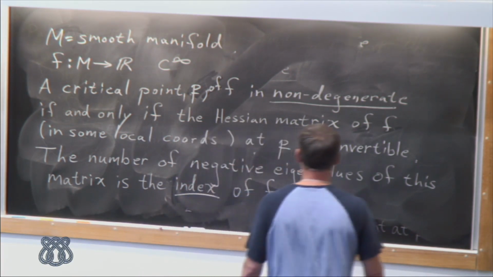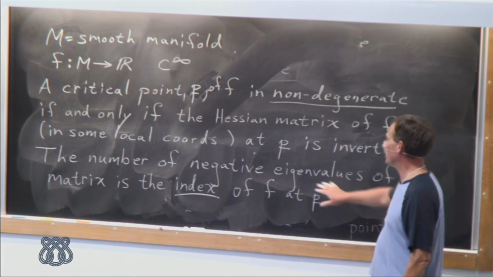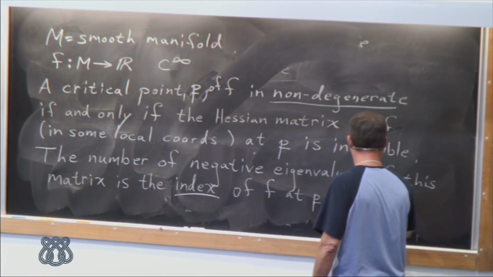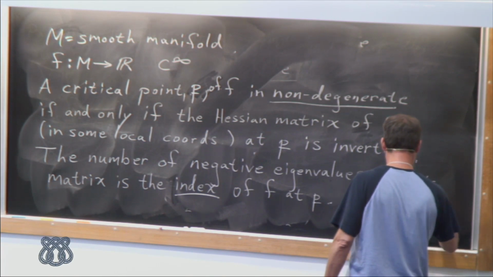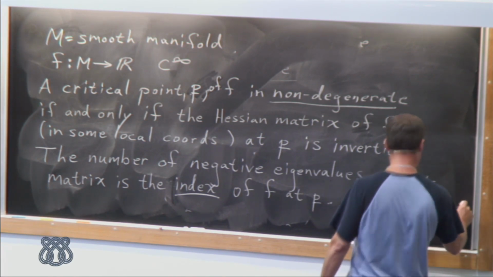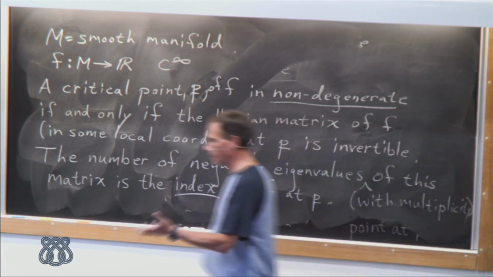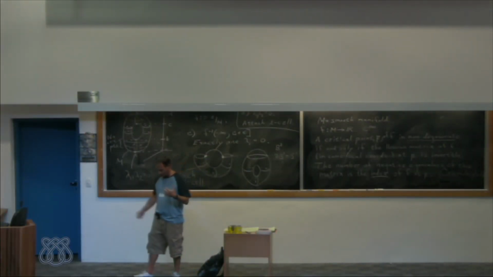It becomes easy if you know that this number of negative eigenvalues, with multiplicity, is the index of the bilinear form defined by the Hessian.